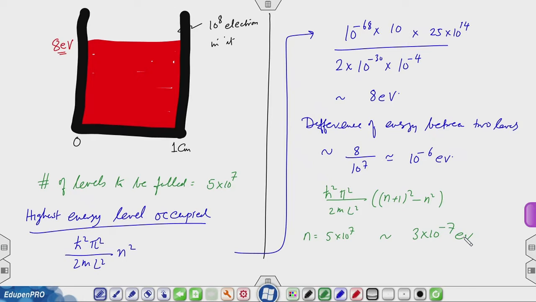So, that is the kind of difference between two levels. I call them quasi continuous, because they are roughly continuous.